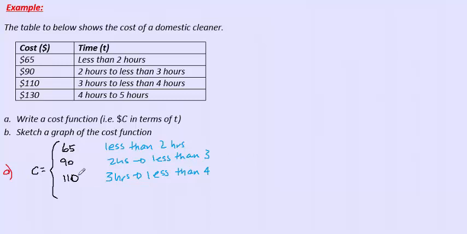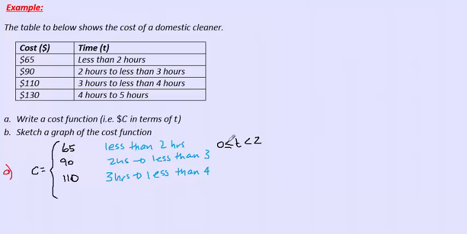So what I'll do now is I need to convert this blue language into the greater than, less than stuff that we become familiar with. Now remember, less than 2 hours looks like that. And we know that t is the time, but we also know that the time has to be greater than or equal to 0.